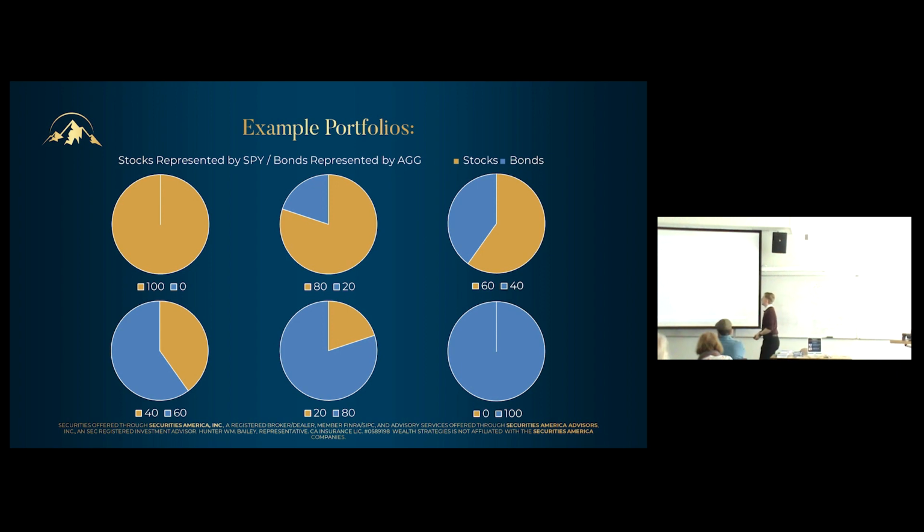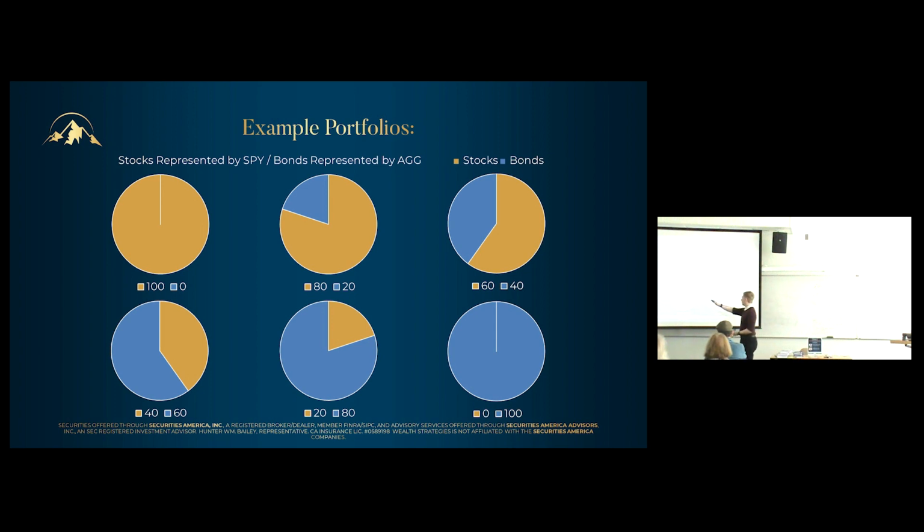So each of these have different levels of risk, and for the purposes of today, we're going to assume that stocks are high risk, bonds are low risk. Even though you can have high risk and low risk stocks, and you can have high risk and low risk bonds, we're going to simplify the view that you're looking through to expect that stocks are the high risk, bonds are the low risk.